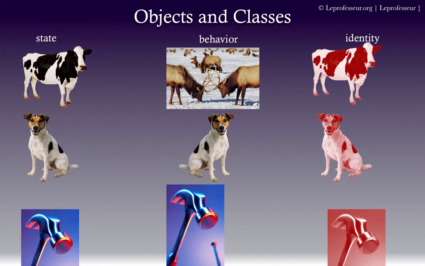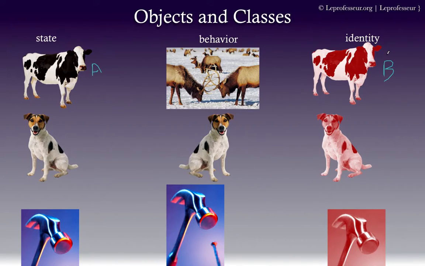And each object has its own identity. You may say, for example, this cow's name is A, and the red color cow's name is B. So you are basically distinguishing different objects with a name, in other words, the identity of an object.